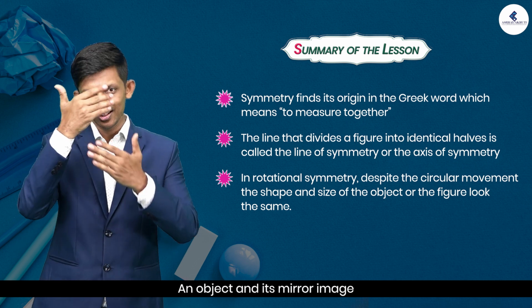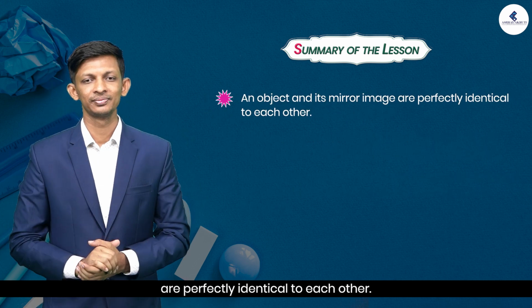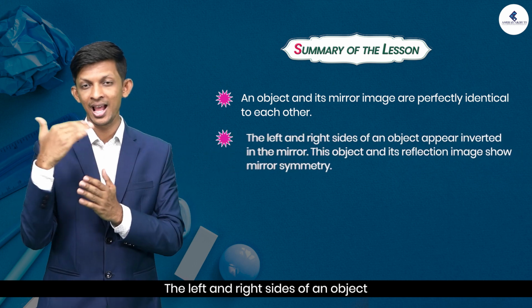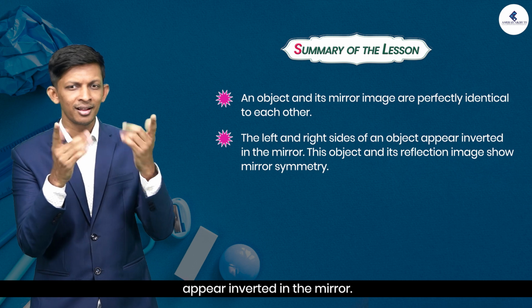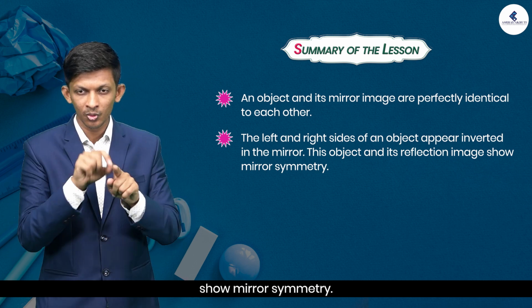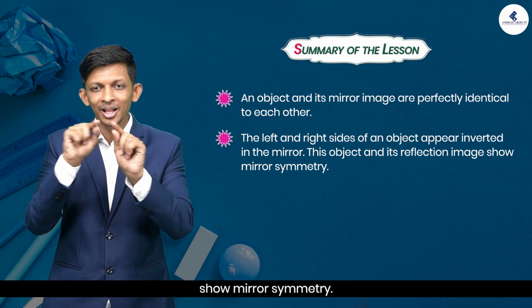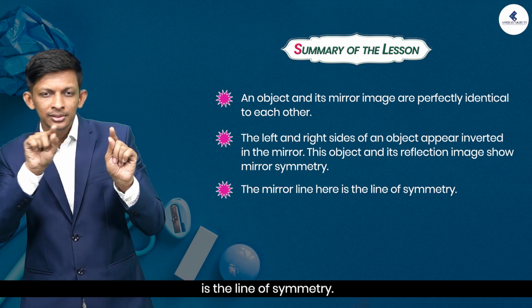An object and its mirror image are perfectly identical to each other. The left and right sides of an object appear inverted in the mirror. This object and its reflection image show mirror symmetry. The mirror line here is the line of symmetry.